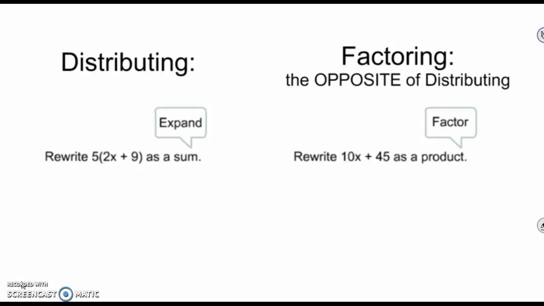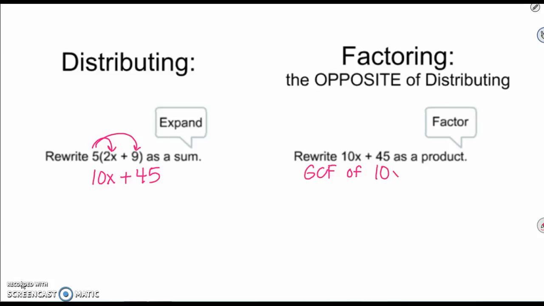First, we discussed distributing. So if we look at this first problem where we rewrite 5 times 2x plus 9 as a sum, 5 times 2x is 10x plus 5 times 9 is 45. If you look at our second problem, here we are rewriting by using factoring. That means we have to find the greatest common factor of 10x and 45.